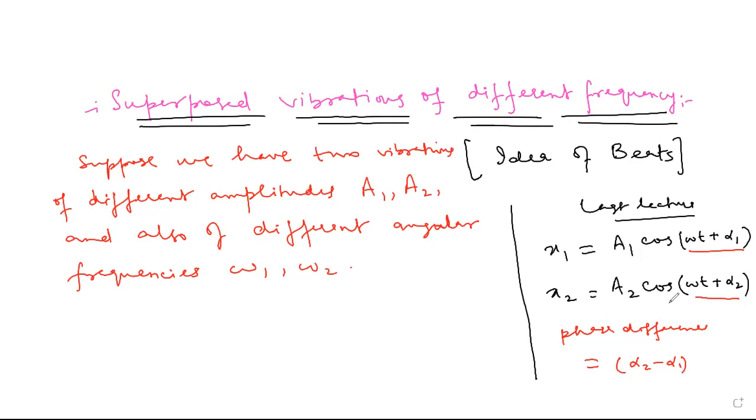So in the case of equal frequencies, the phase difference between the superposing SHMs is alpha 2 minus alpha 1, which is constant in time, right? But in this different frequency case, in contrast to the last lecture situation, the phase difference between the vibrations is continually changing.